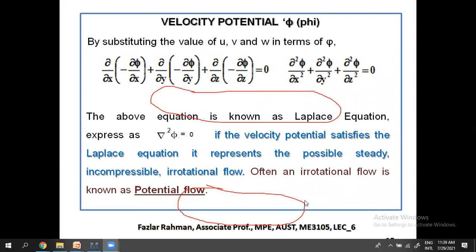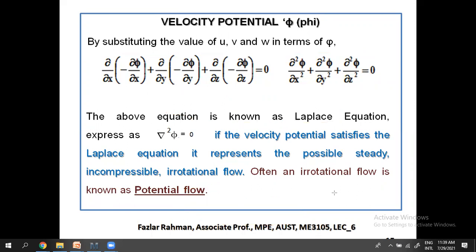So ultimately, your continuity equation becomes this one. And if you try to remember your math class, this equation is called the Laplace equation. In short form, you can write the Laplace equation as del square phi equal to 0.